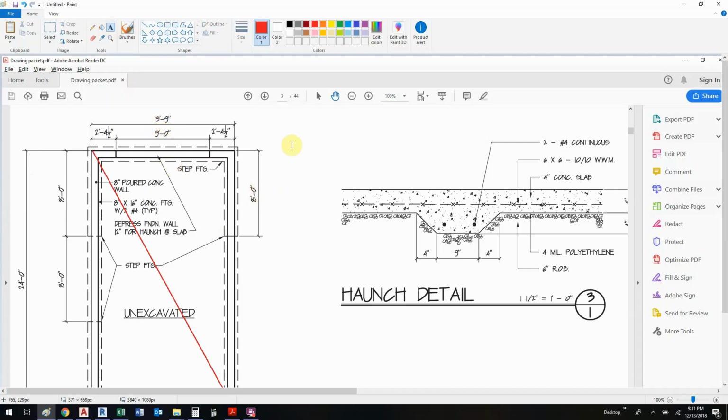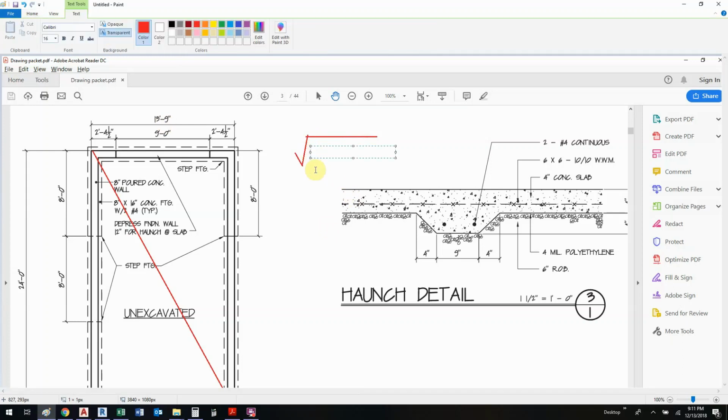So we could do it the hard way and do the square root of 13 feet 9 inch squared plus 24 feet squared.